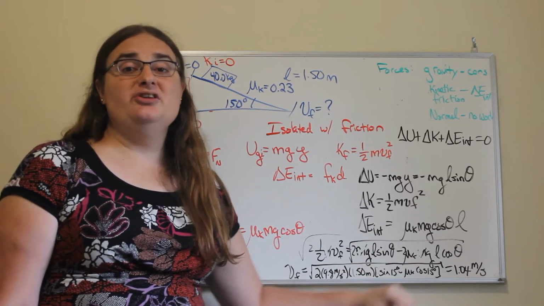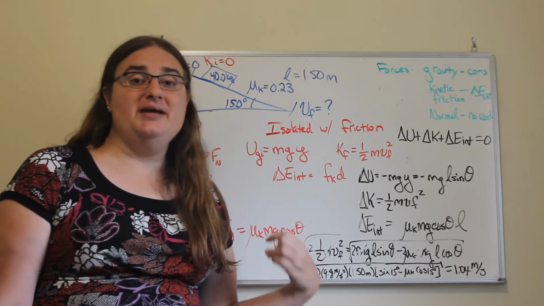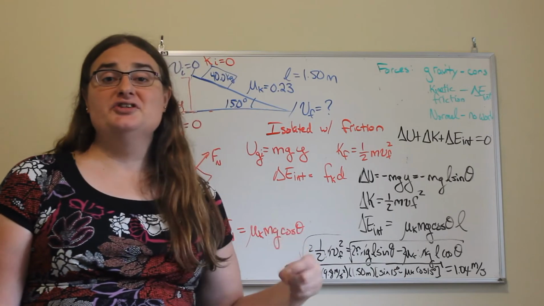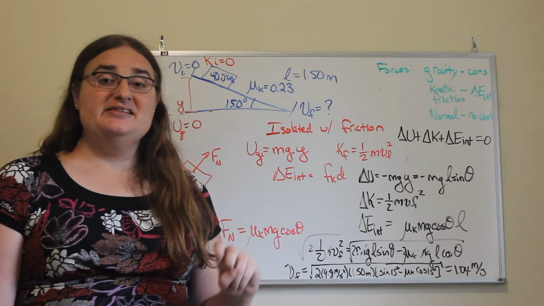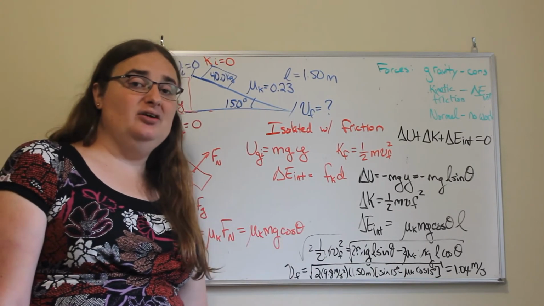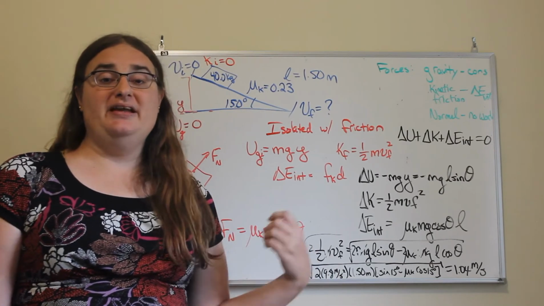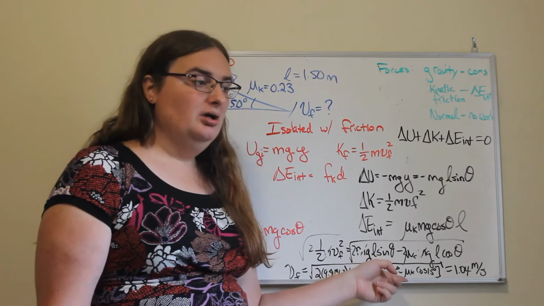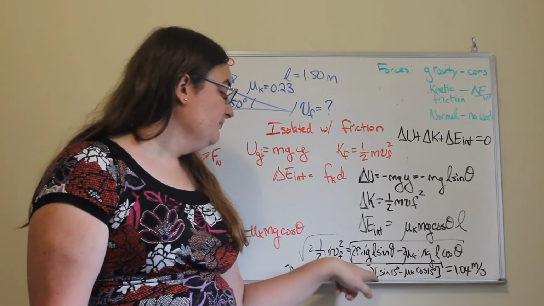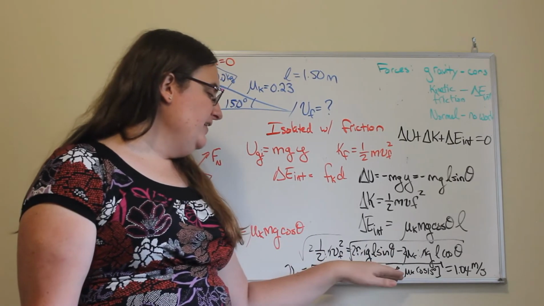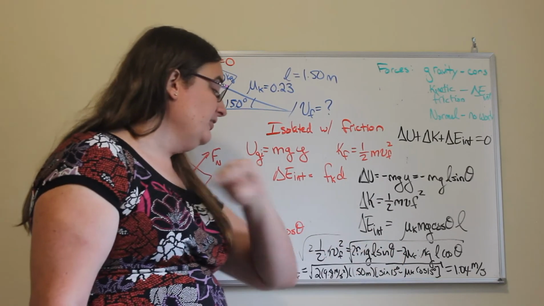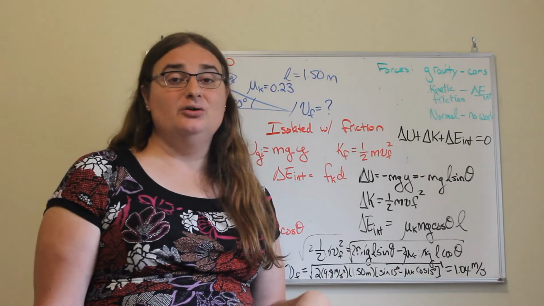Now, back when we talked about ramps for the first time and friction for the first time, we said we could calculate the coefficient of static friction as the tangent of the maximum angle where an object will remain at rest. So in order for this to work, we would have to have an angle great enough so that our coefficient of kinetic friction is smaller than the tangent of that angle.